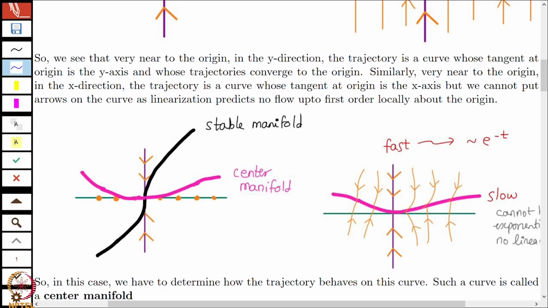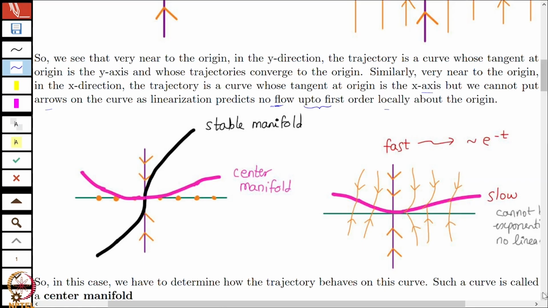And similarly, near the origin in the x direction, the trajectory is a curve whose tangent at the origin is the x axis, but we cannot put arrows on the curve, as the linearization predicts no flow up to the first order locally about the origin. Exactly, up to the first order, because this is how we do the approximation, right.